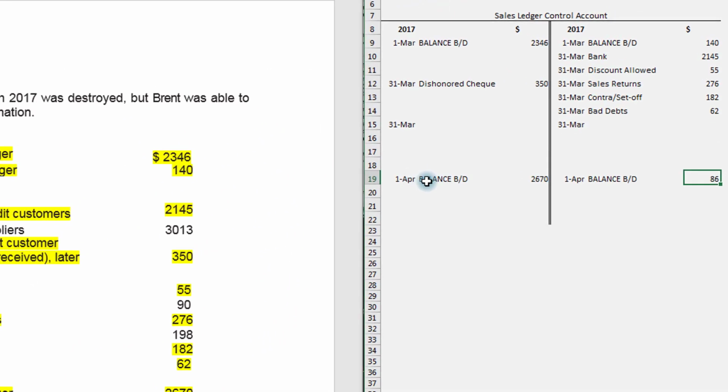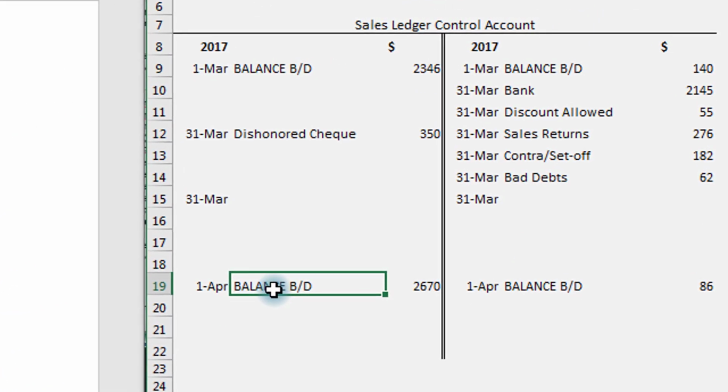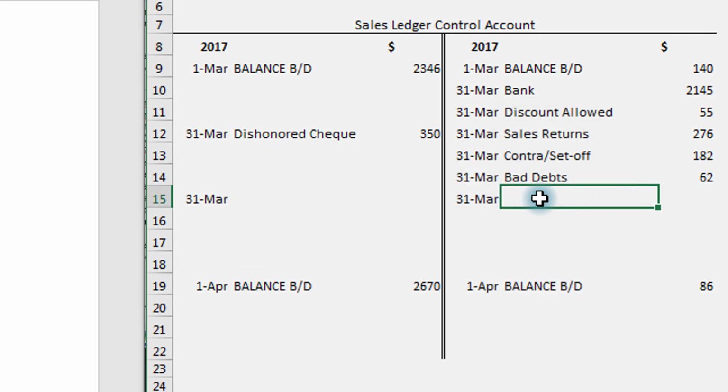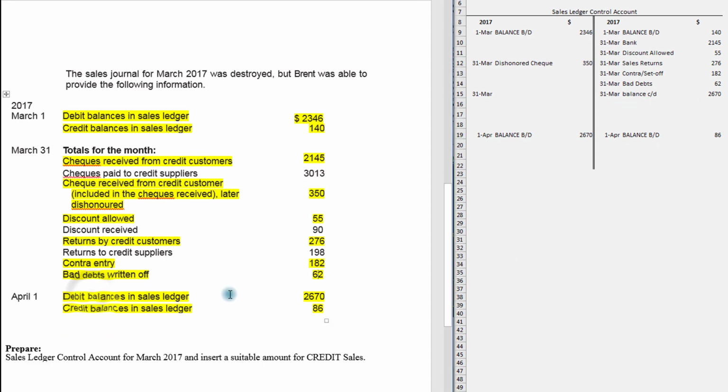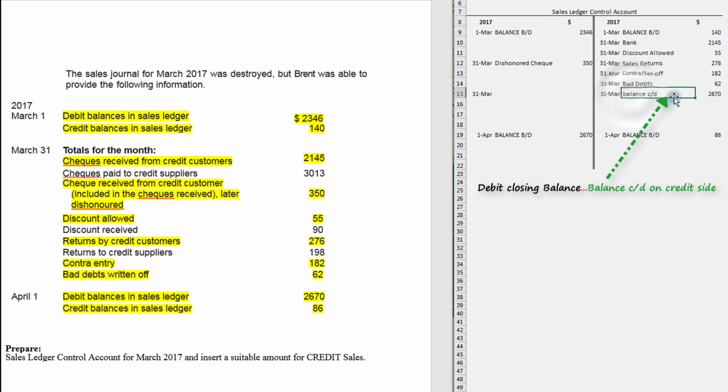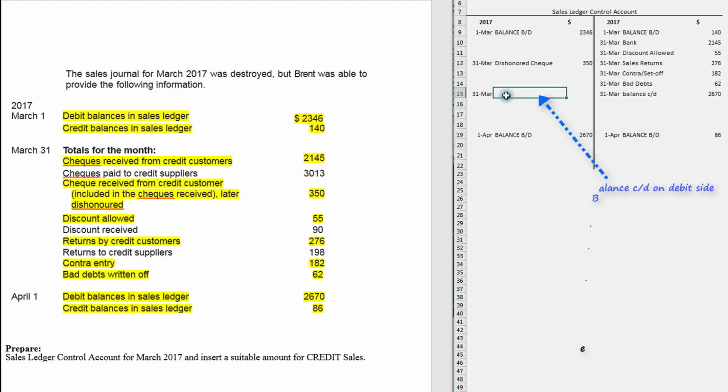Remember, the balance on an account is always brought down. At the end of the month, it means that we had a balance carried down of $2,670. A debit closing balance means that the carry down should be placed on the opposite side, and a credit closing balance means that the carry down should be placed on the debit side, $86.